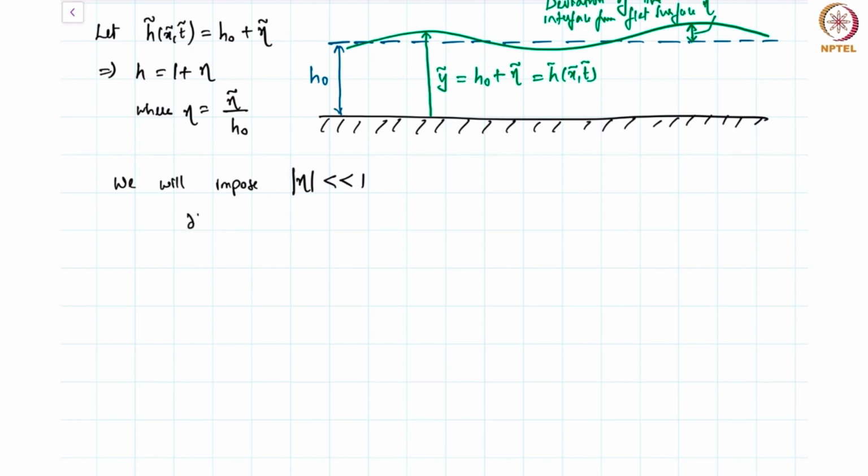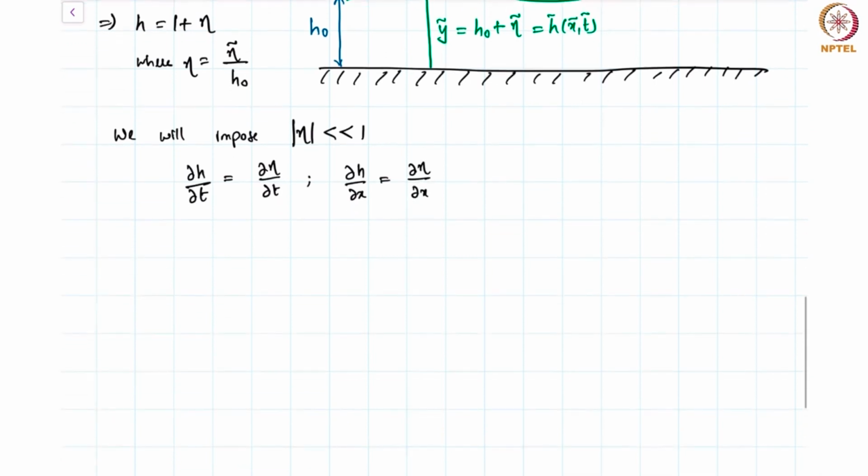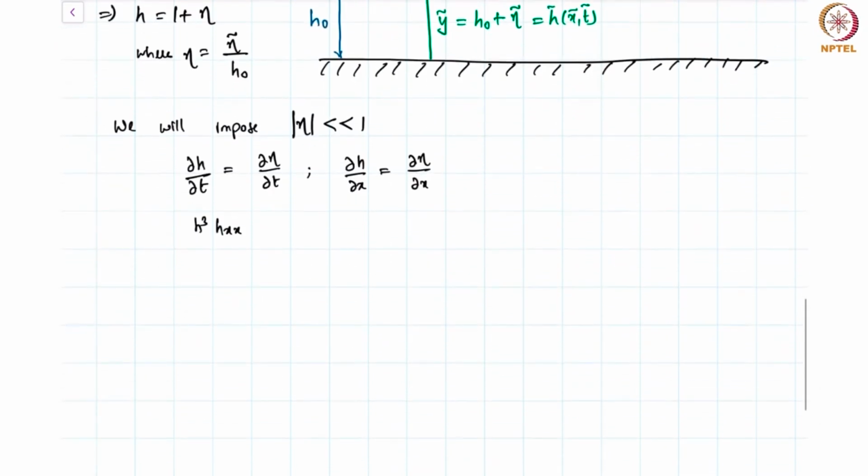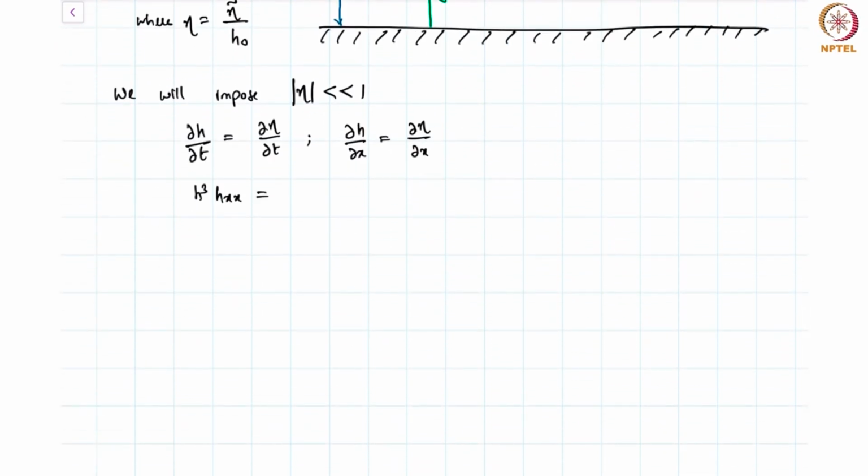So therefore I can say del h by del t essentially becomes del eta by del t, and del h by del x essentially becomes del eta by del x. And if we take an example like a term like h cube times hxx, this is basically the first nonlinear term that we have. This term would become 1 plus eta whole cube times hxx.